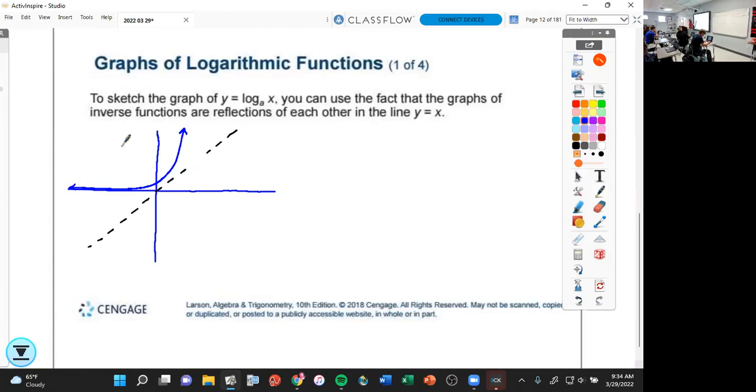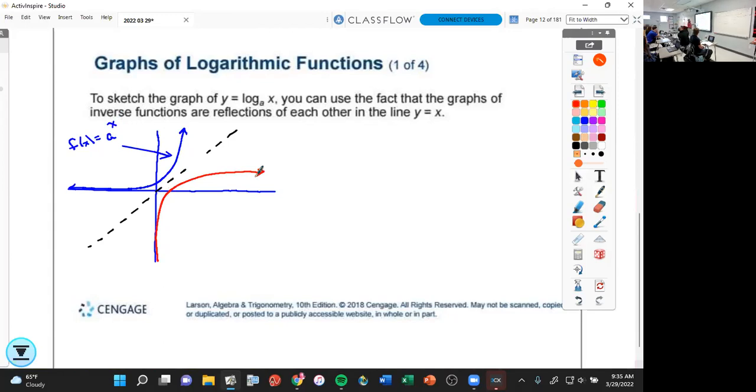Let me go ahead and name this one. This was f of x equals an exponential, I'm just going to put a to the x power, something raised to the x power. Reflect it. Would it start down here? It would, wouldn't it? Does that look fairly symmetric?